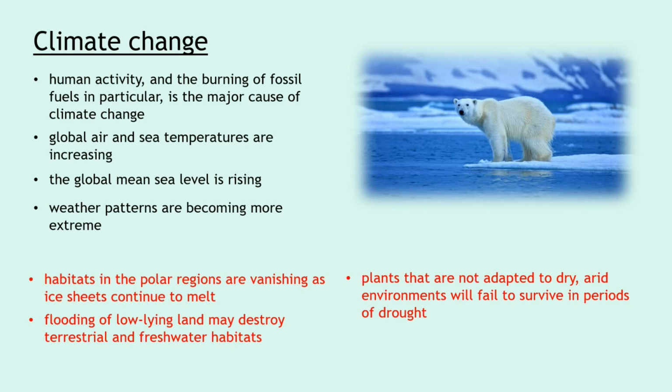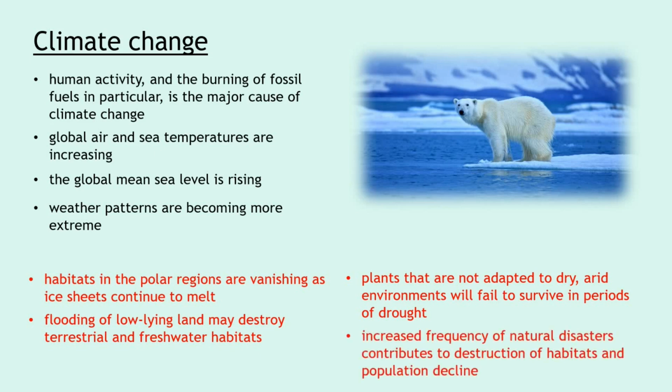We might have to use even more new techniques in agriculture to adapt to climate change. And because the weather is becoming more extreme, we have an increased frequency of natural disasters, and they by themselves can destroy habitats and cause population decline.